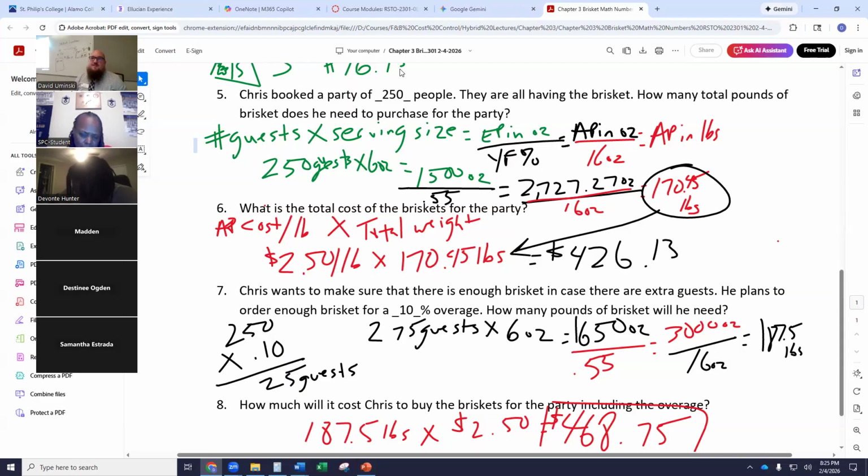I'll give you a moment to finish writing that formula, and then I'll talk you through it with numbers. I'm going to post this whole document in Canvas in the recorded lectures module.